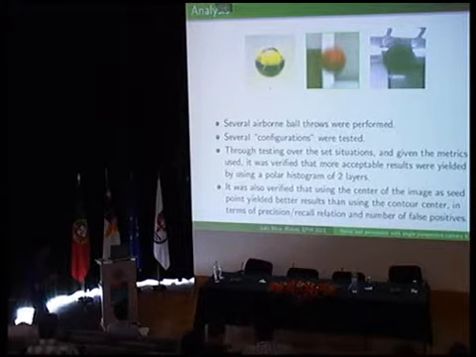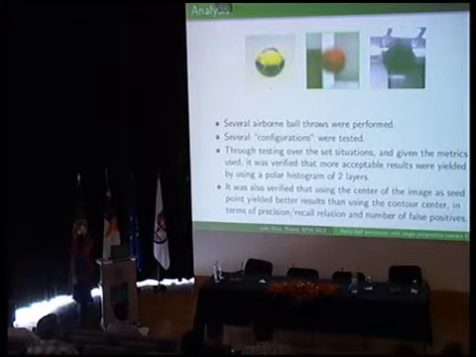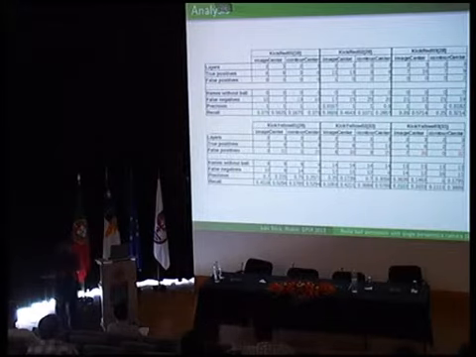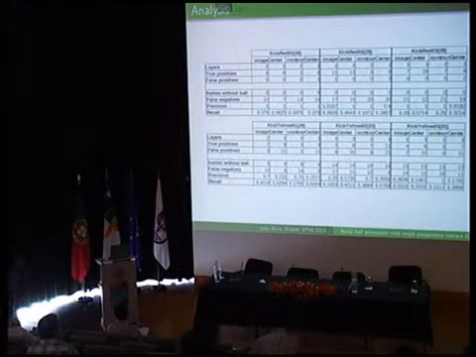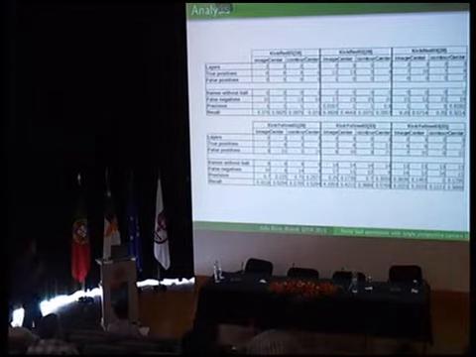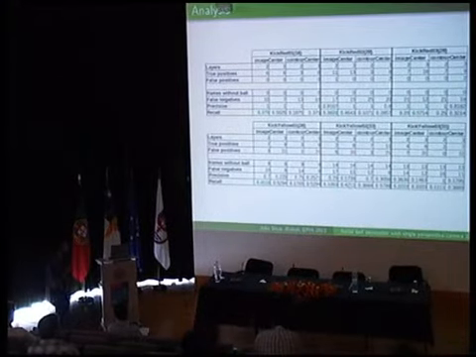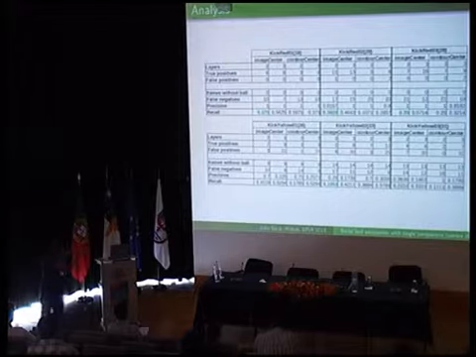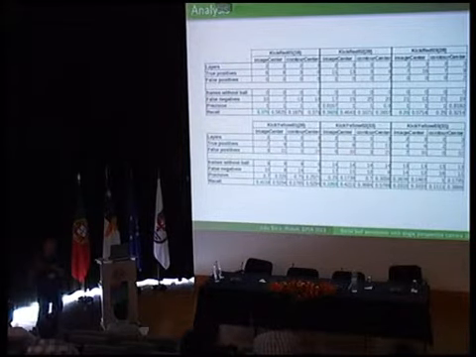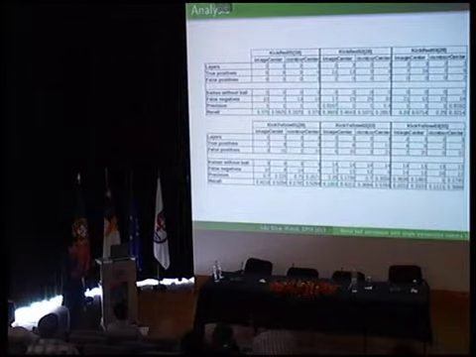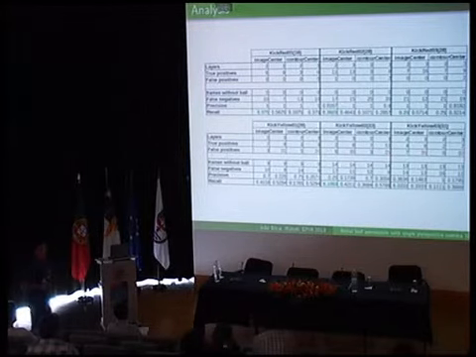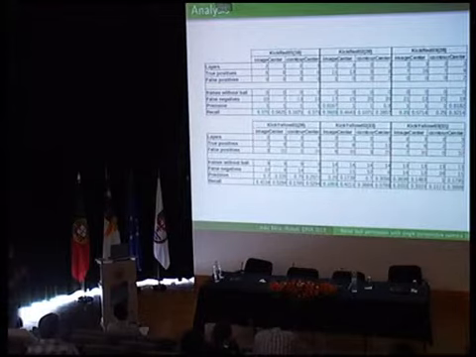And as a short summary, some of the results are illustrated in this table. It's quite a large table, but it should not be that hard to analyze. We have, in this case, 6 situations, 6 videos that we took from the camera, where the ball is being thrown in the direction of the camera or of the robot. 3 videos with a red ball, 3 videos with a yellow ball.